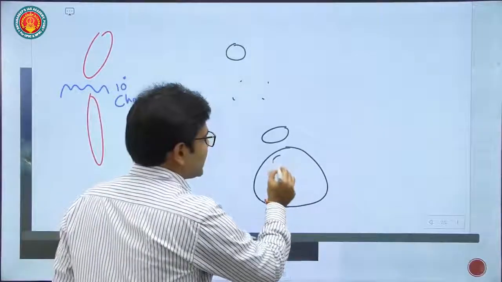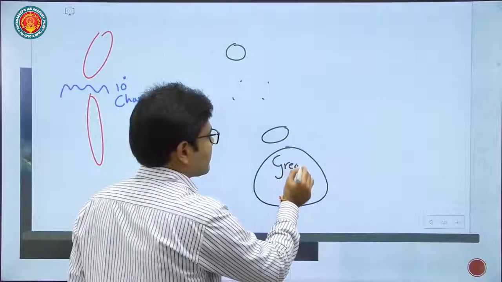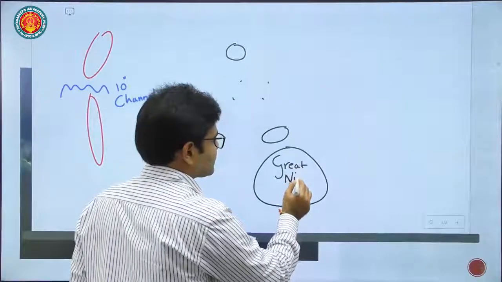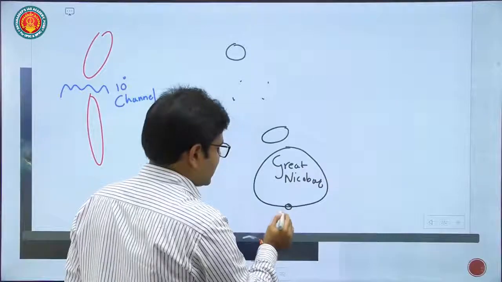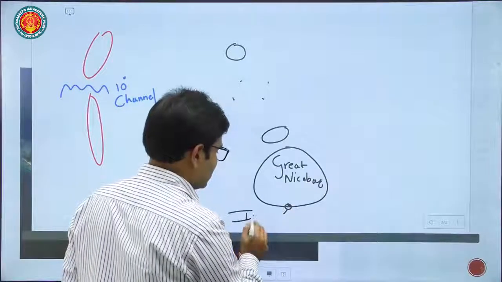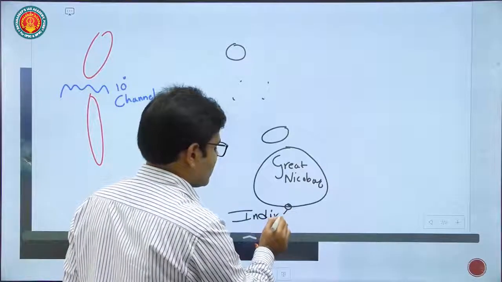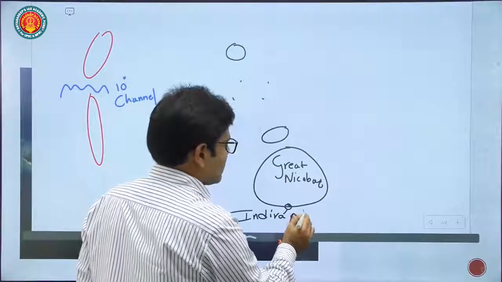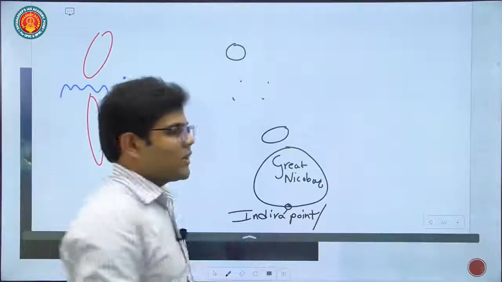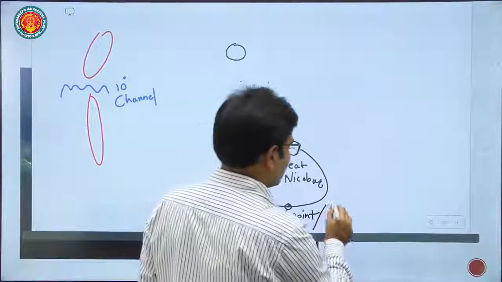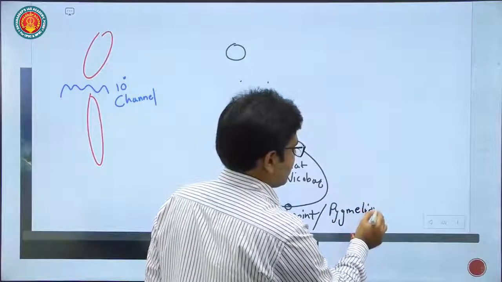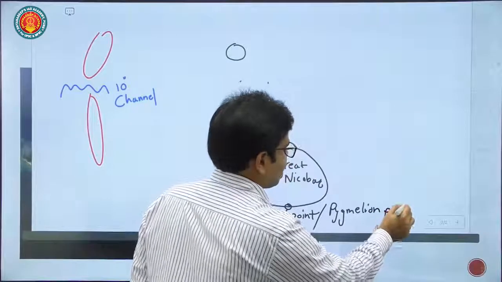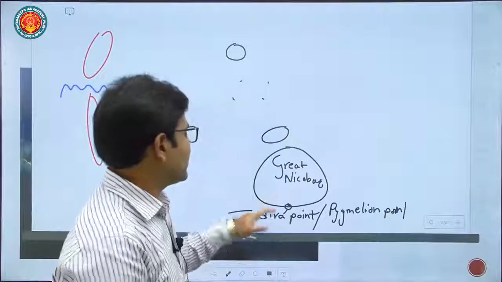So here is Great Nicobar, and the southernmost point is called Indira Point. Some may call this point Pygmalion Point. Southernmost point is Indira Point, Great Nicobar.